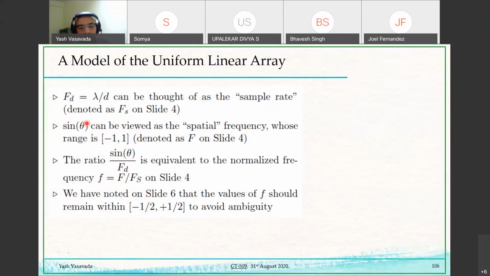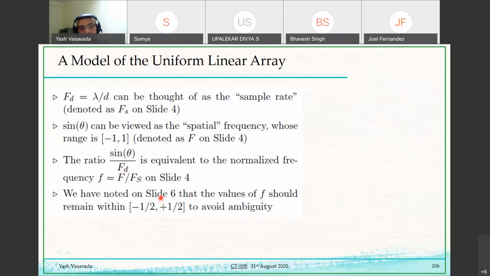And we have seen earlier, I think in lab 1, that small f has to be within -0.5 to 0.5. It doesn't matter whether small f is defined as sine theta divided by fd or capital F divided by fs. If it goes outside of this base range, then you have the ambiguities because of aliasing.